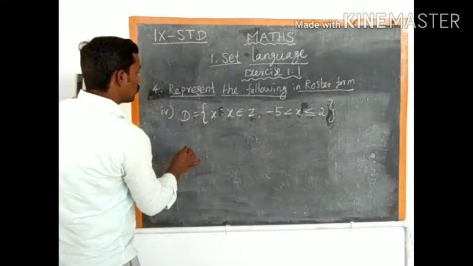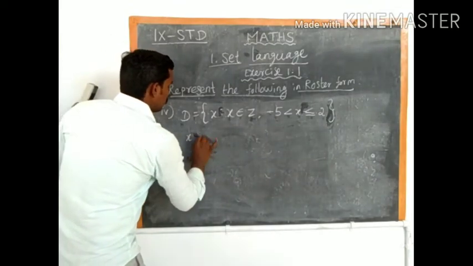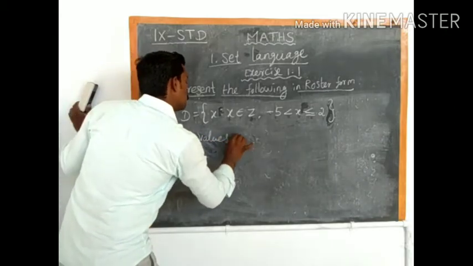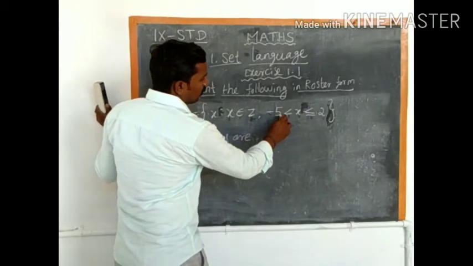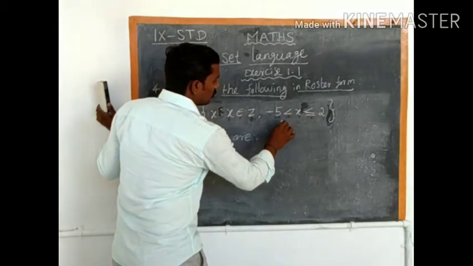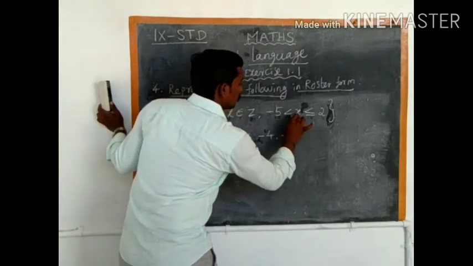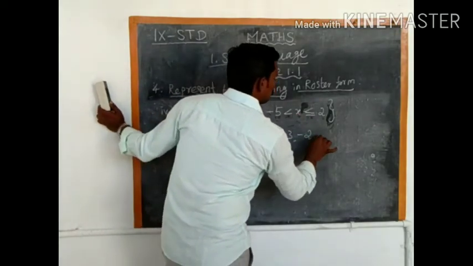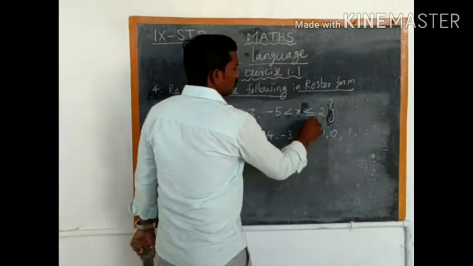So the x values are: -5 is not to be taken, just strictly less than, so -4, -3, -2, -1, 0, 1, 2.